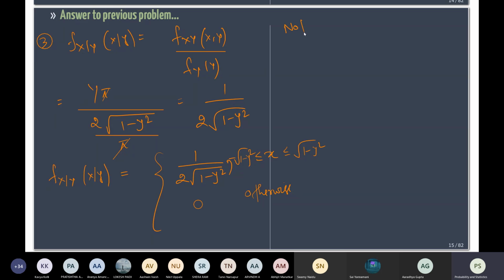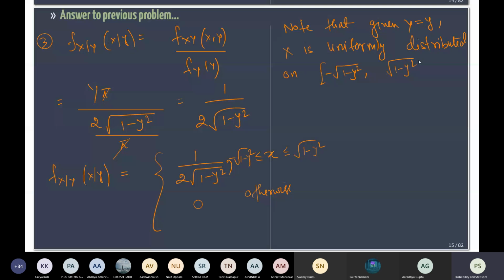So note that given Y is equal to y, X is uniformly distributed on the interval minus square root of 1 minus y square to square root of 1 minus y square.